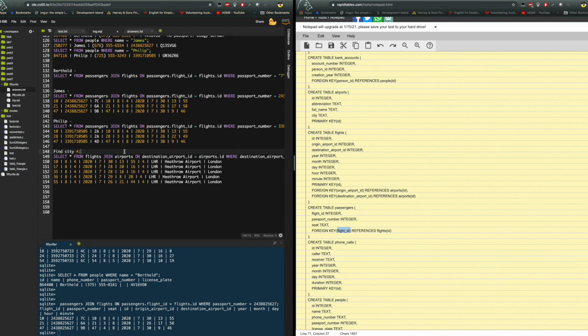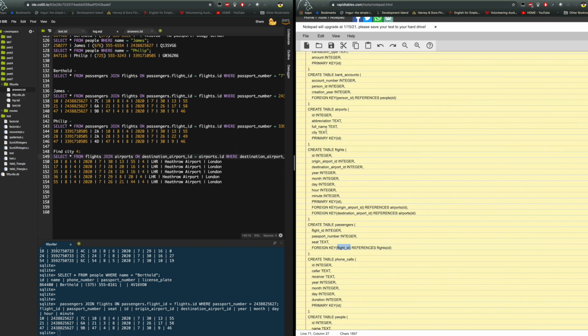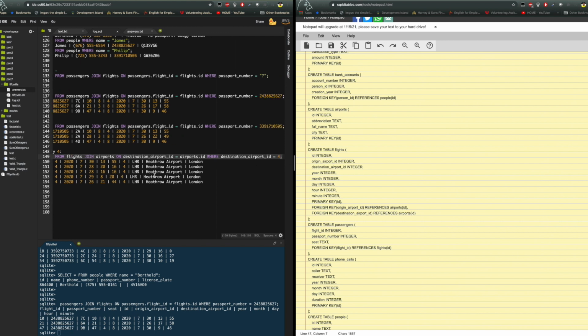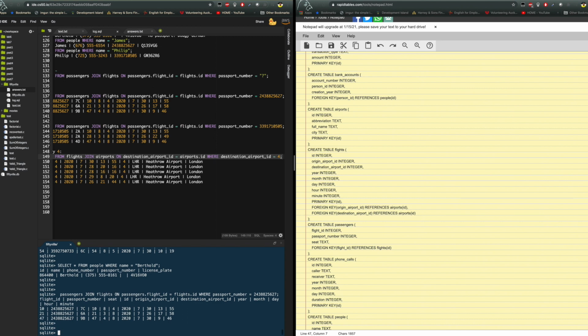I also needed to join a couple of tables here, flights and airports, because airports had city names and flights only had a destination airport ID number, and that ID number matches the ID integer in here. And I decided to execute this command.